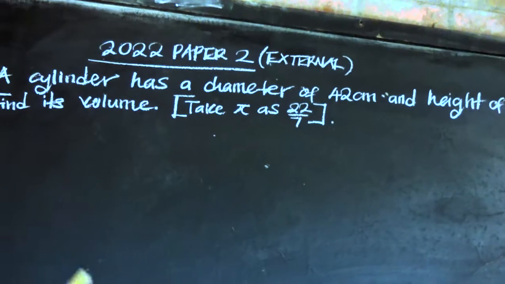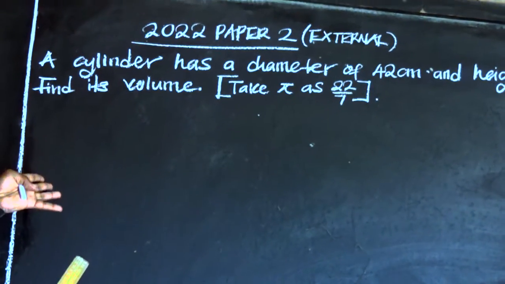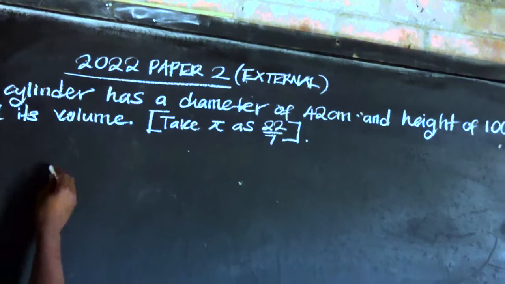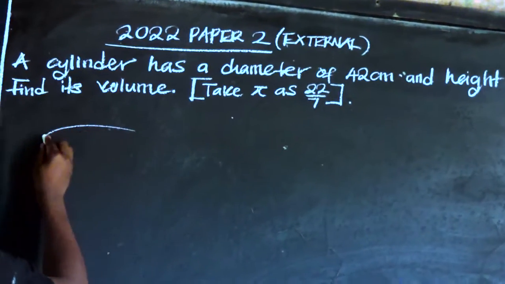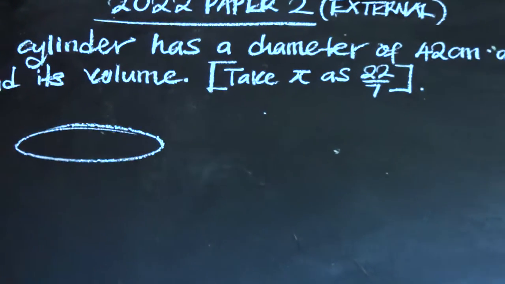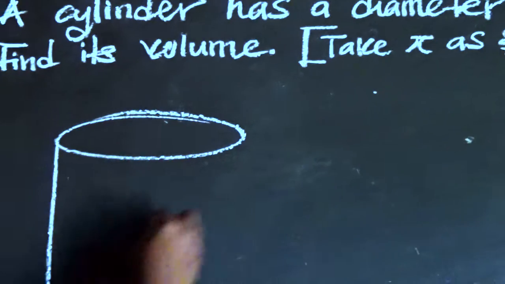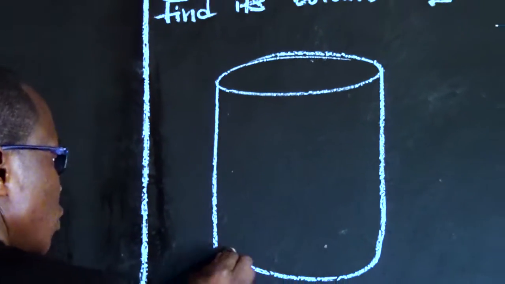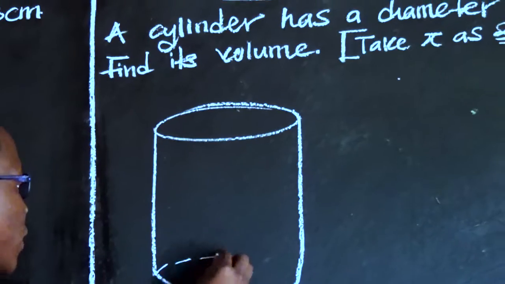Yes. Okay? Now they want us to find the volume of this cylinder. Okay? So sketching this cylinder according to information we have, the cylinder is something like this. That's the way the cylinder is, right? Yes. Okay.